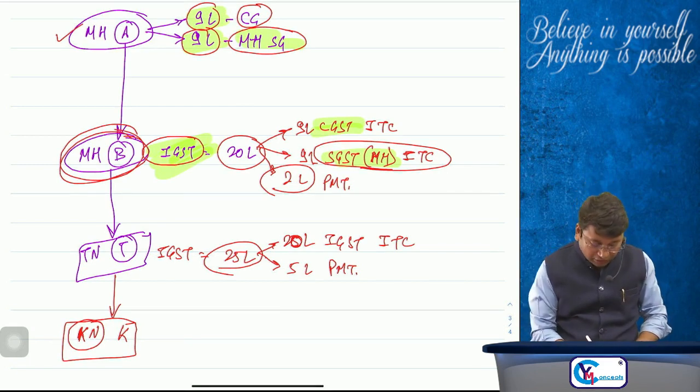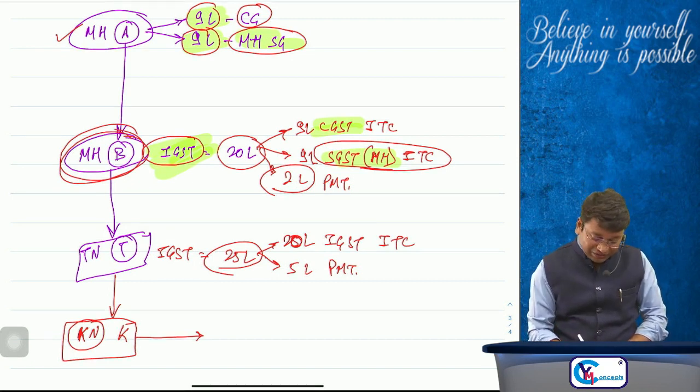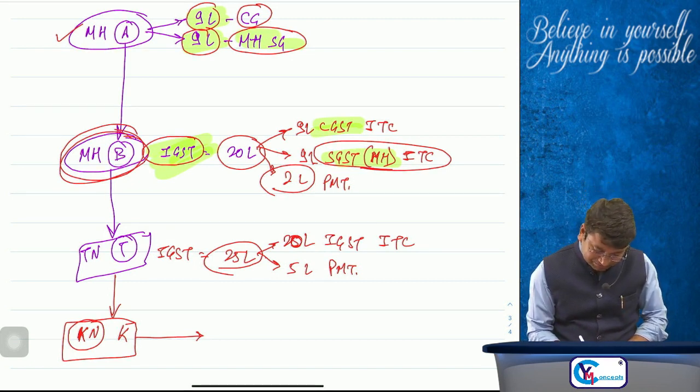Okay, now what's happening? Again, this Mr. K of Karnataka sold the goods to Mr. R of, suppose, Rajasthan.